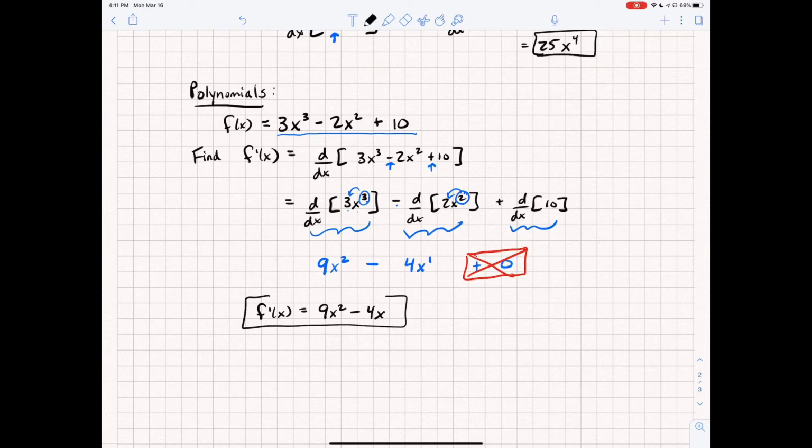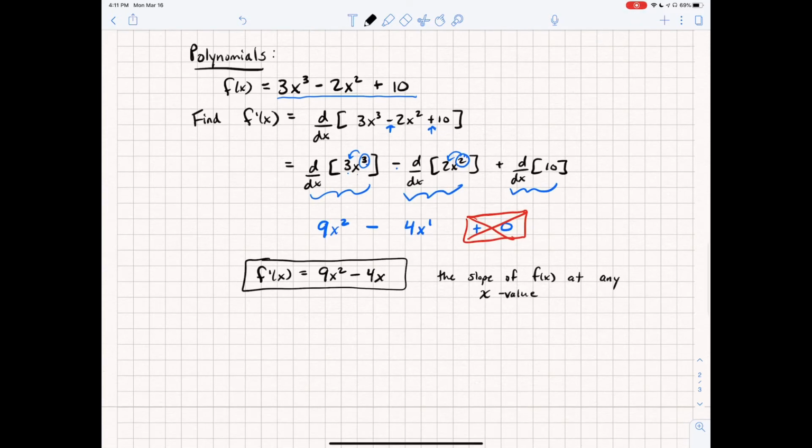And so what this function represents then is the slope of f of x at any x value. And so it allows me then to go through and find the slope of the curve anywhere I want.